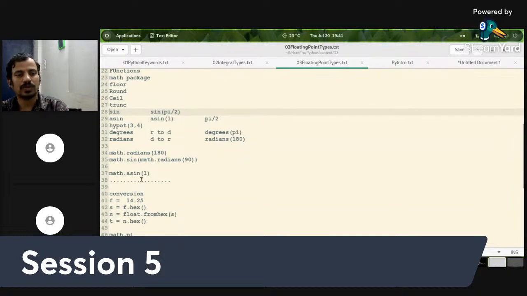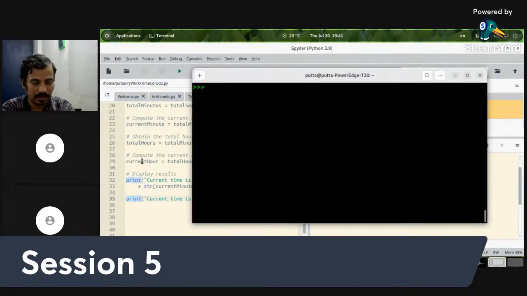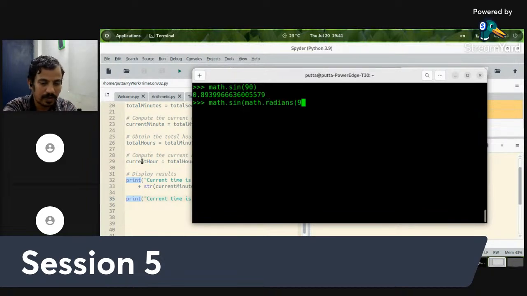So if we want to compute sine of an angle when we know that the input is given in degrees, then we can use this statement. If I type math.sin of 90, this will be wrong. Rather, if I want to find out sine of 90, I can write math.sin of math.radians of 90.